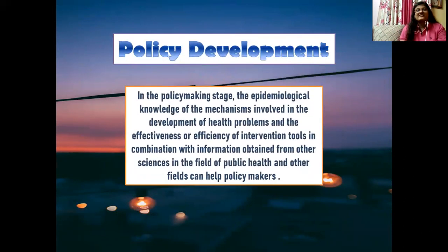So next is policy development. In the policy making stage, epidemiological knowledge of the mechanisms involved in the development of health problems and the effectiveness or efficiency of intervention tools, in combination with information obtained from other sciences in the field of public health and other fields, can help policymakers. We take the help of other policymakers also, so that we can connect a large group of people for the prevention of diseases.